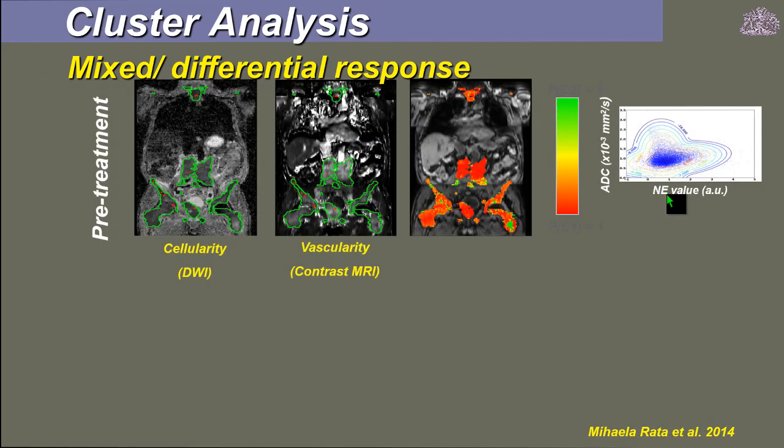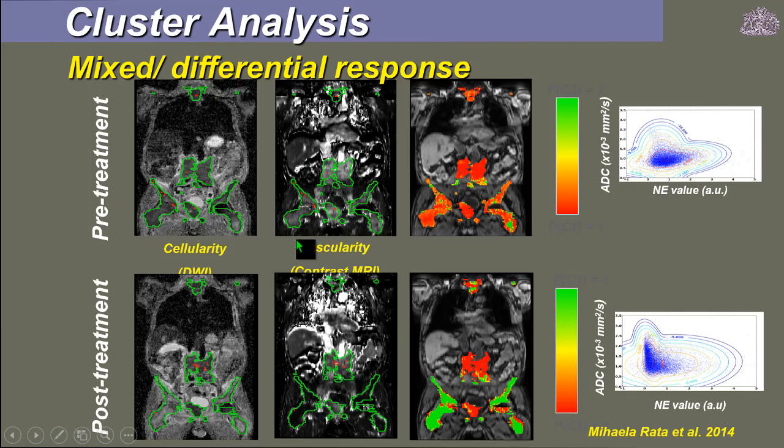So what we are able to do is, if you apply this sort of cluster analysis now, we are looking at areas coloured red that have high vascularity and high cellularity, and green areas being of low cellularity and low vascularity.